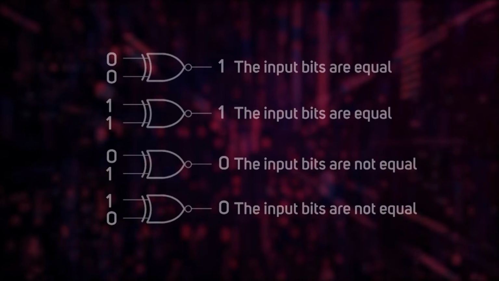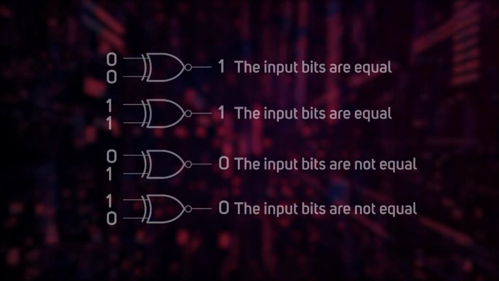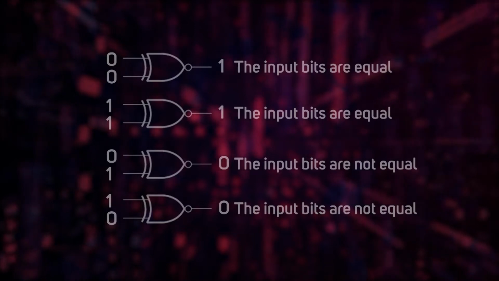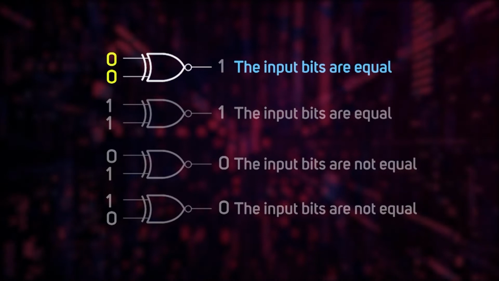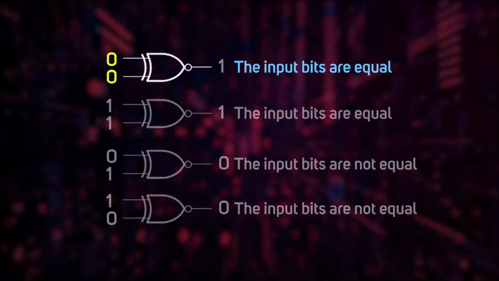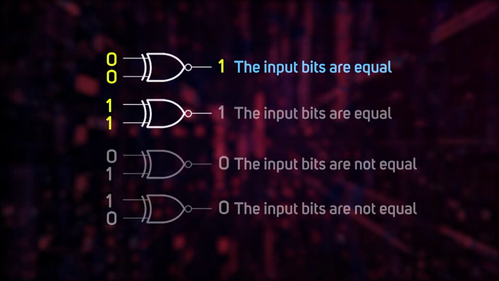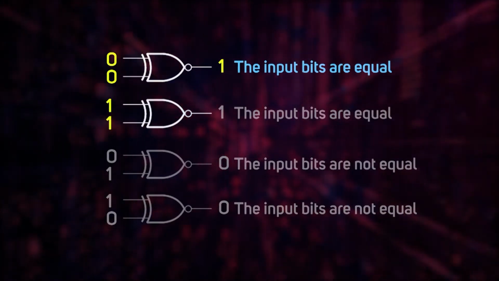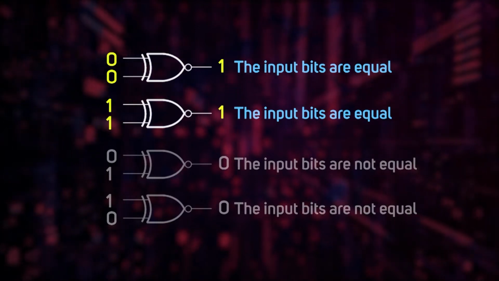This figure shows how the exclusive NOR gate can be used as a 1-bit comparator. See, if the inputs to the XNOR gate are 0, they are equal, so it produces output 1. When the inputs to the XNOR gate are 1, they are also equal and it produces output 1.